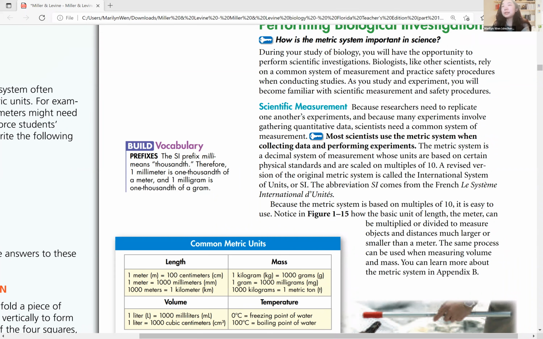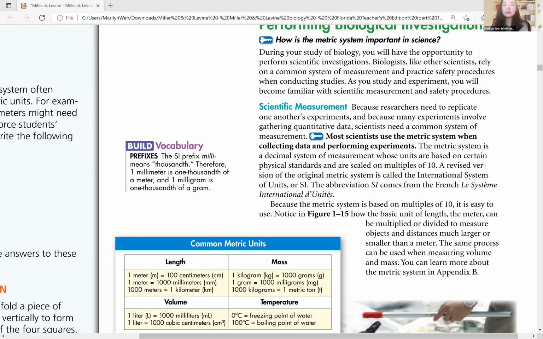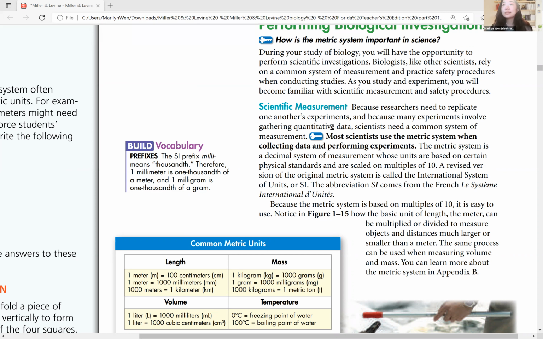Have you learned what SI units are? I don't think so. Okay, I'll put that in the chat. So SI units are basically the scientific units that are used throughout fields. For example, the SI unit for liquid is the liter.